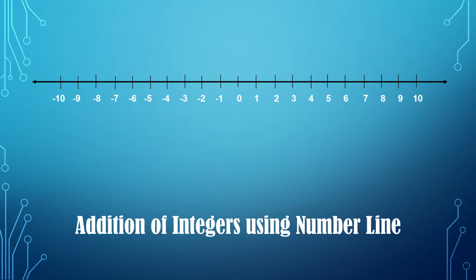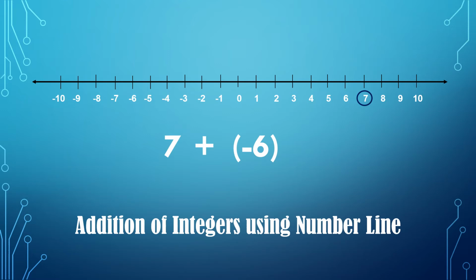Next example, 7 plus negative 6. We start counting from positive 7 and 6 units to the left since the sign of 6 is negative.